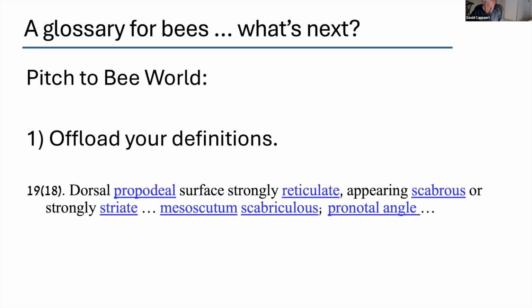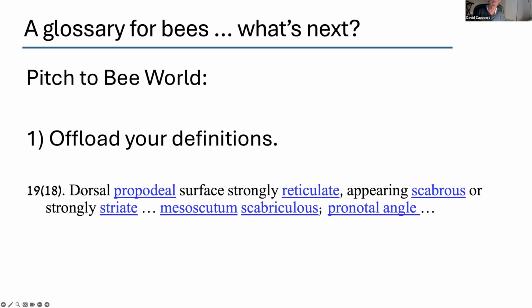So my pitch to Bee World, here's a really easy way to condense that. Here's a little bit from one of those keys I showed you before. This is from McGinley, and it's about Lasioglossums.